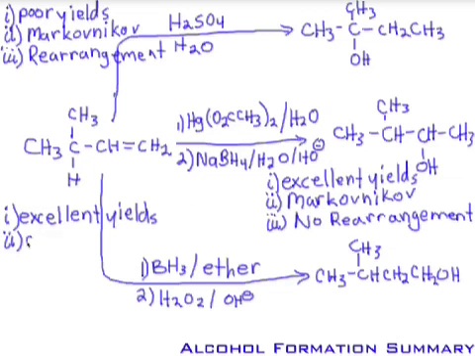So we say antimarkovnikov. The reagent actually added by Markovnikov rules. But the electrophile wasn't H+, it was the boron. So by the time you take it off, it looks like the hydrogen went on the carbon with the least number of hydrogens. And the last point, again, no rearrangement.